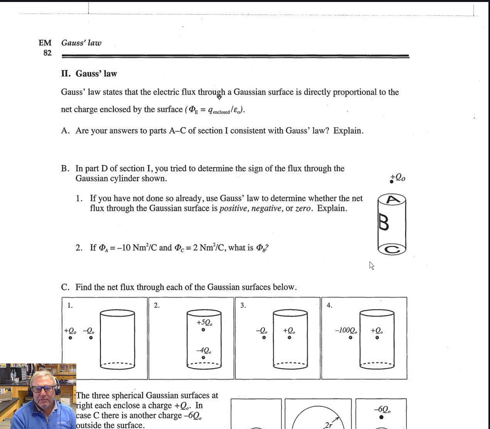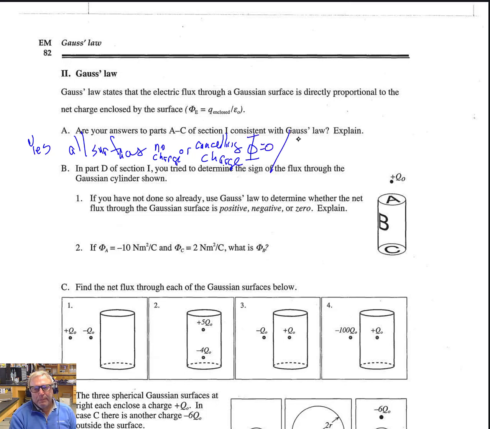So it says here, Q enclosed over epsilon 0. Is it consistent, right? Yes, because all surfaces, I suppose all shapes, which had no charge or canceling charge, have flux equal to 0.